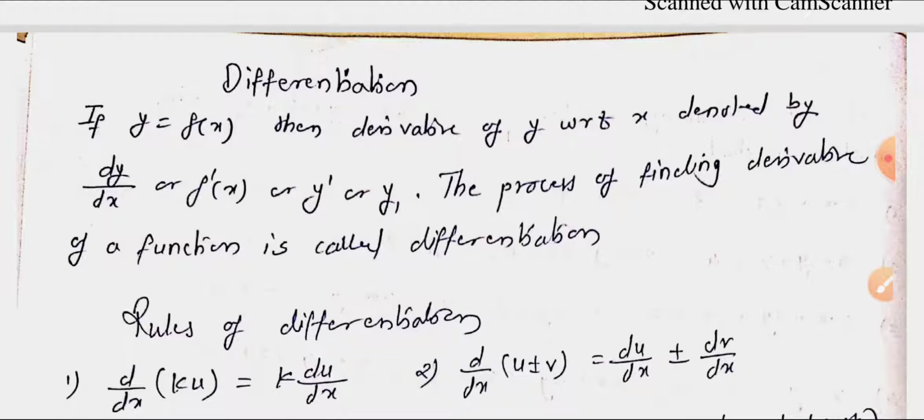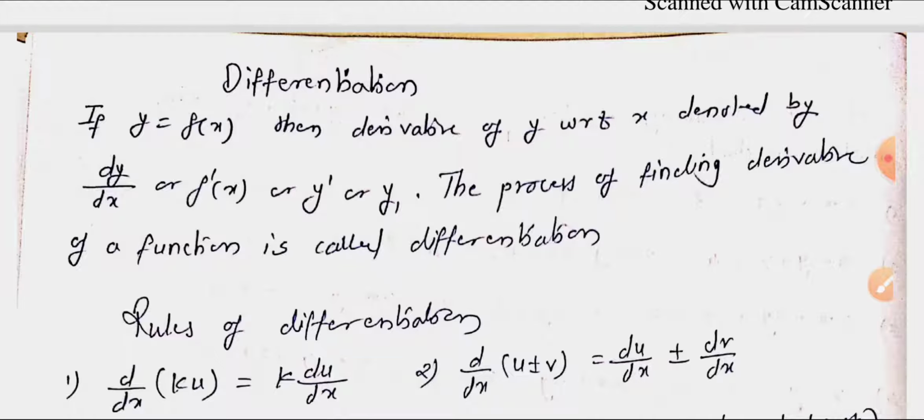This process of finding the derivative of a function is called differentiation. So remember, if y equal to f of x, then y dash or f dash of x is nothing but a derivative.